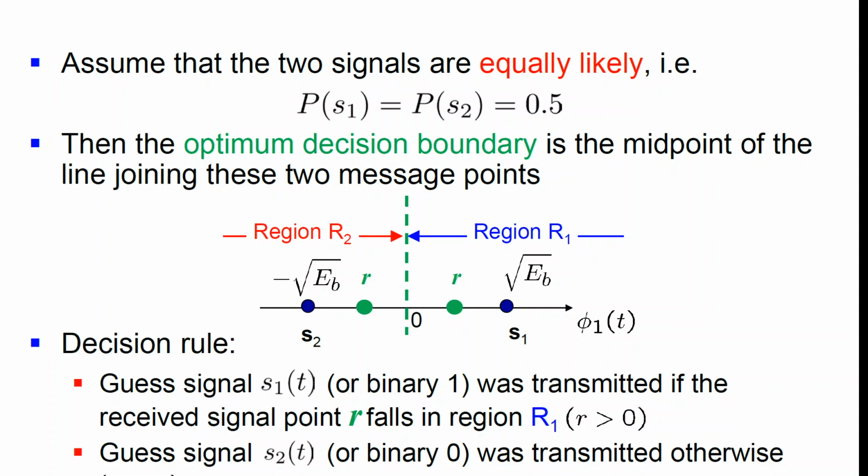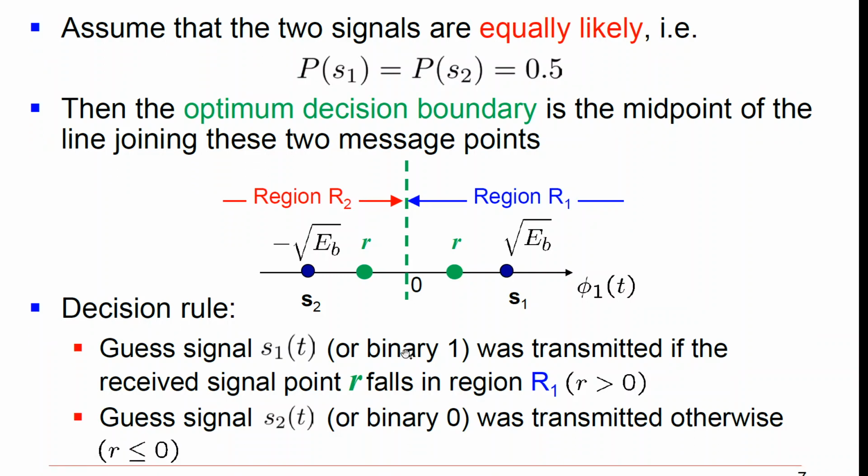Now based on that we can summarize the decision rule. Guess that signal S1 of t, or binary 1, was transmitted if the received signal point R falls in region R1.